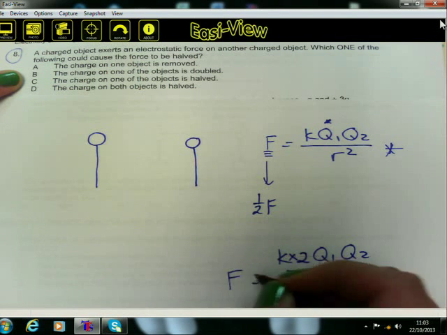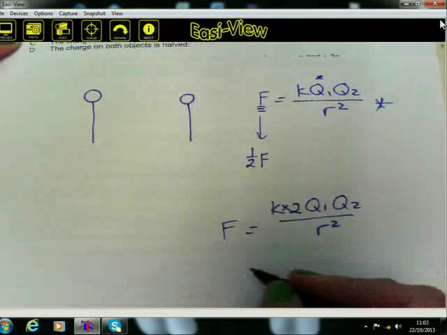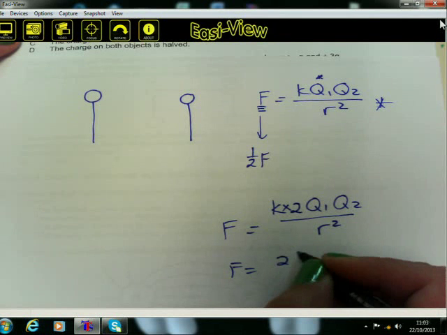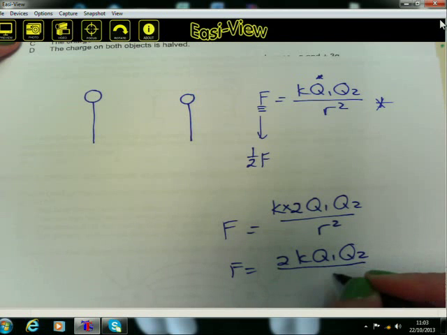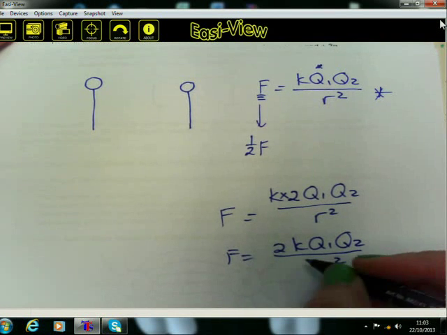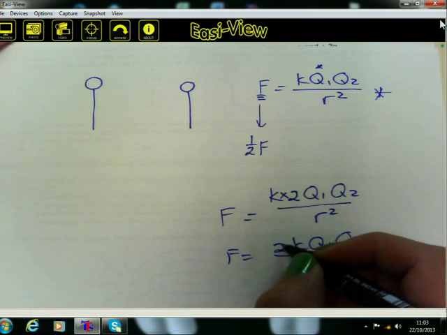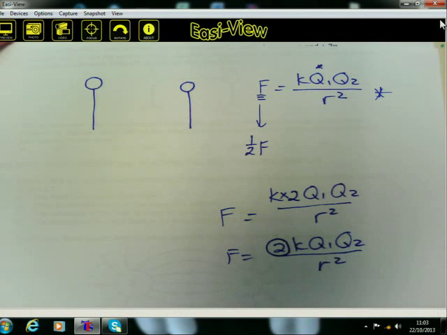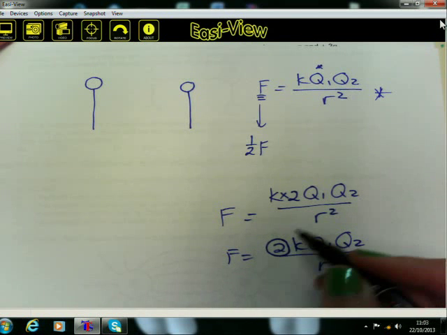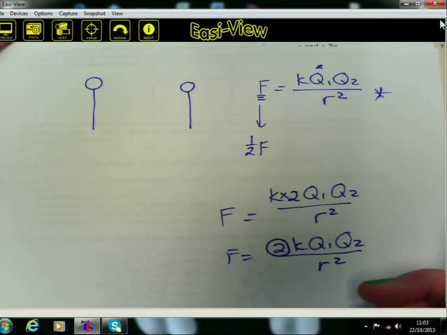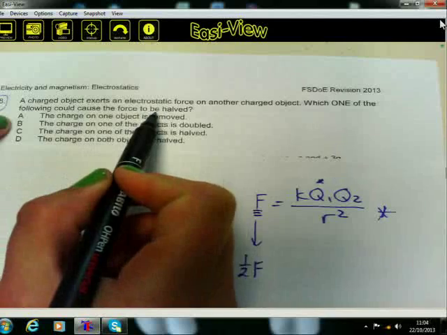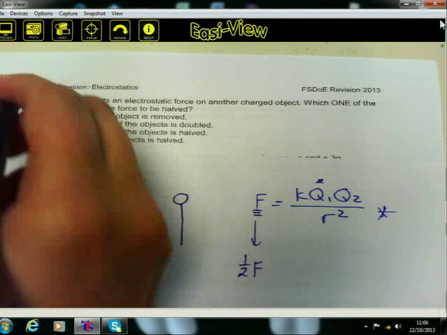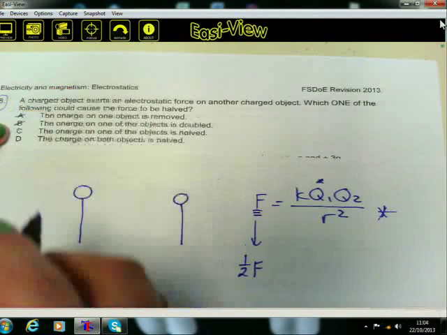Take the 2 to the front: F equals 2K Q1 Q2 over R squared. What happens to our answer? It gets 2 times bigger. It becomes doubled. Is that what we wanted? No, we want it to be halved. So it's not B. Not A, not B.